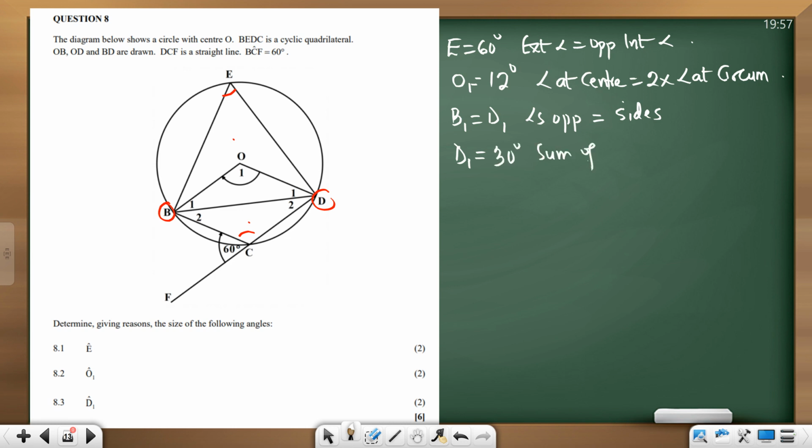Sum of angles in a triangle. Does it make sense, guys? I've still not mentioned that you use sum of angles in a triangle. You lose that 1 mark. So here, it was 1 mark, 1 mark.